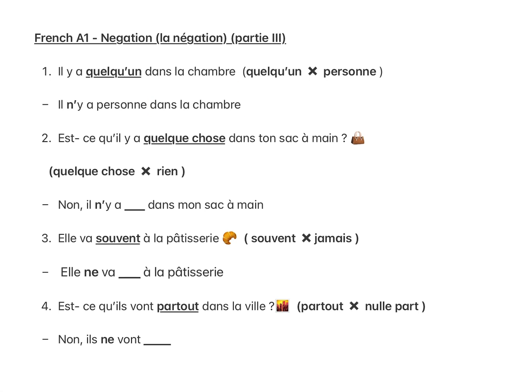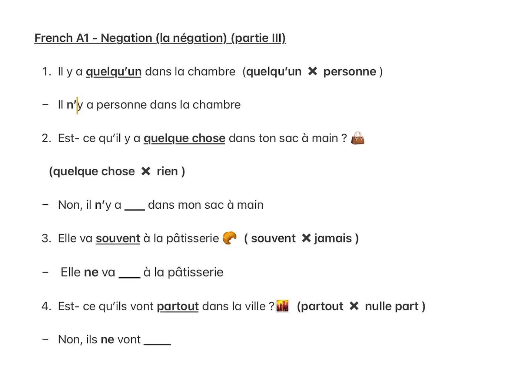So, let's have a look at these two sentences again. Il y a quelqu'un dans la chambre. There is someone in the bedroom. Our answer would be, there is no one in the bedroom. So, il n'y a personne dans la chambre. There is no one in the bedroom. If you see, we are following the same steps that we used earlier.